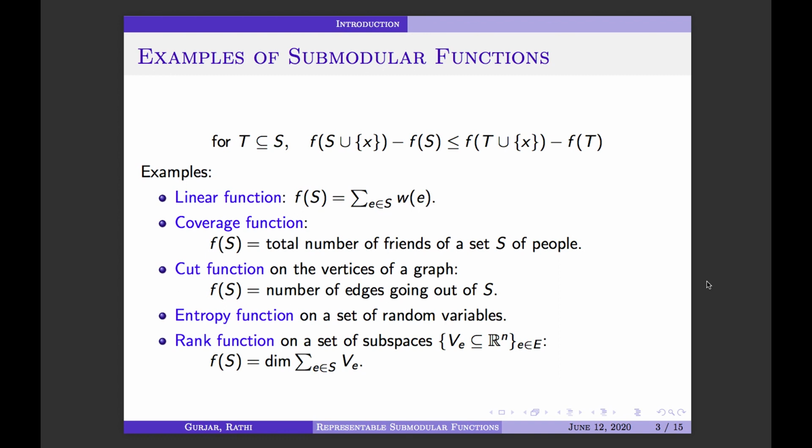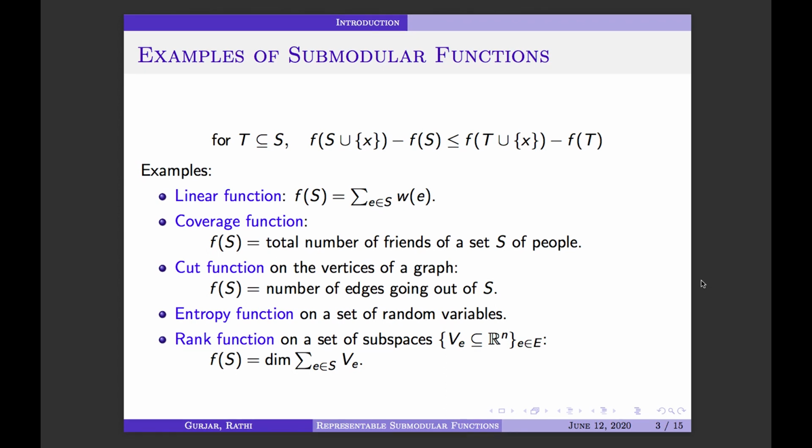And for a set of elements S, you define the function to be the dimension of the sum of these subspaces corresponding to the set S. By the sum here we mean that you just take the union of these subspaces and take the span. This rank function will be very important for this talk as it will occur often in our setting.